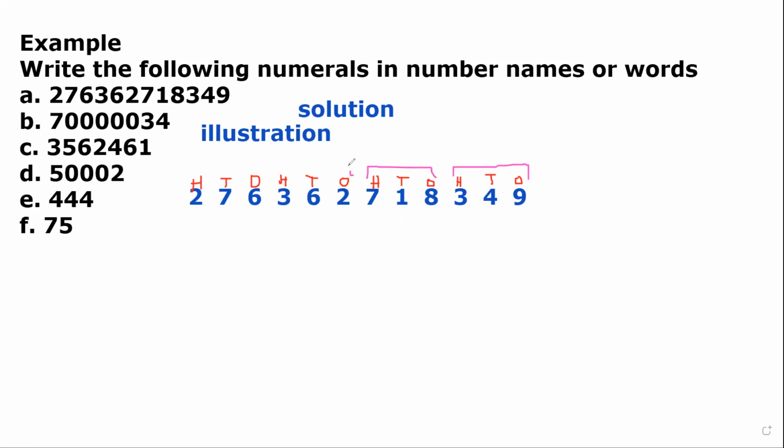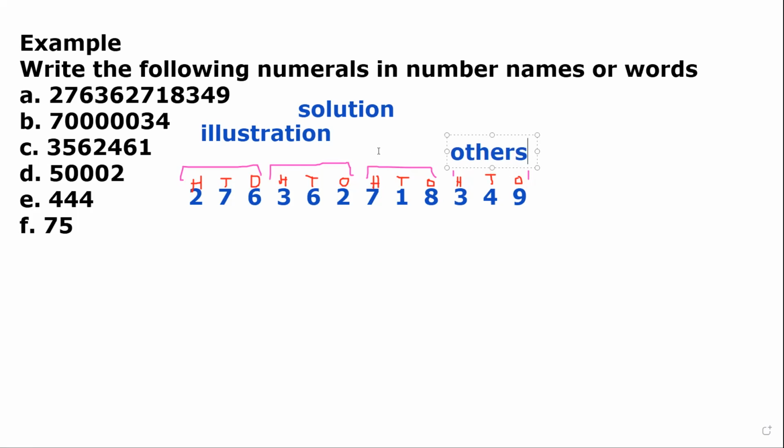And then the next three names here also belong to the million. And then here will be the billion. Okay. So you have others because they don't have any common name.